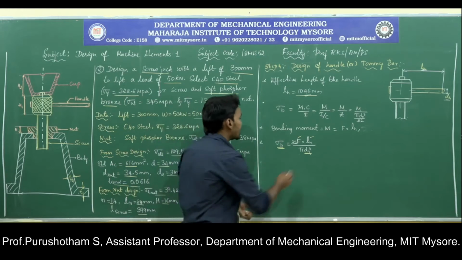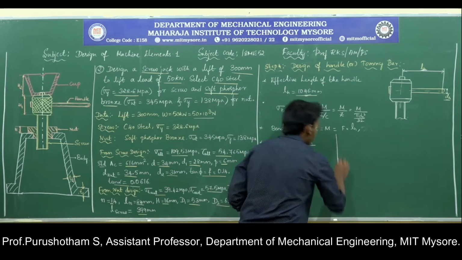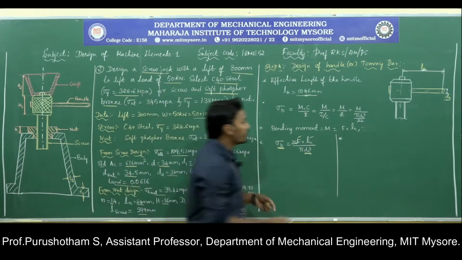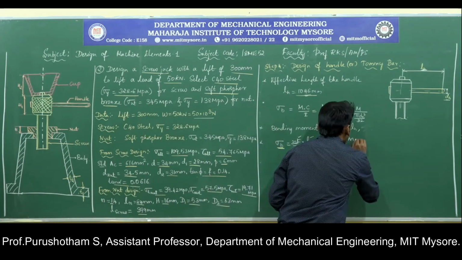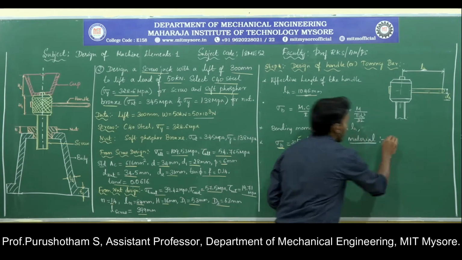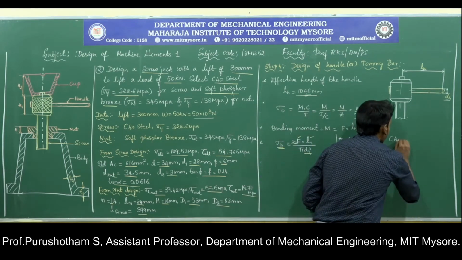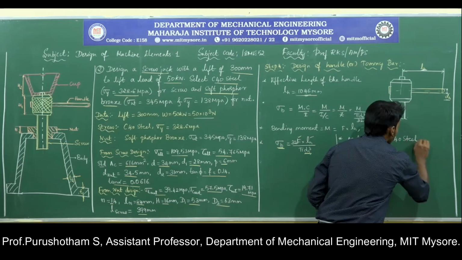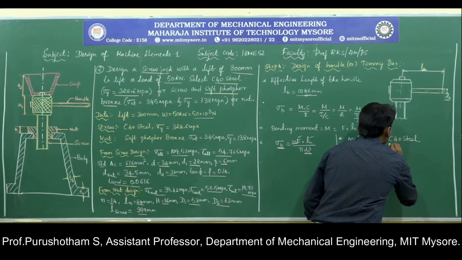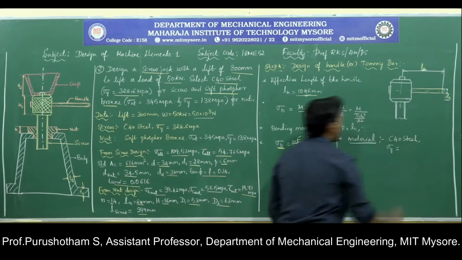If it is not given, then we need to take the material for the handle as C40 steel and calculate from its yield stress.